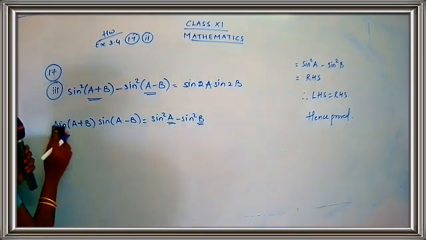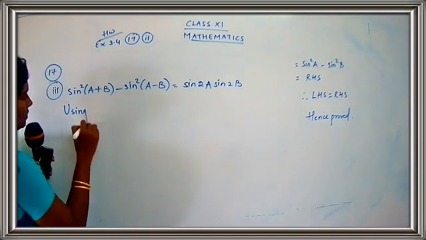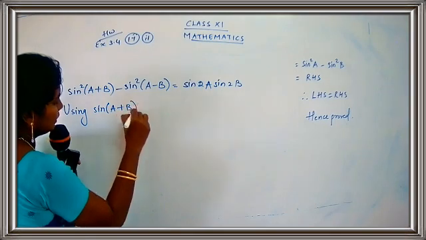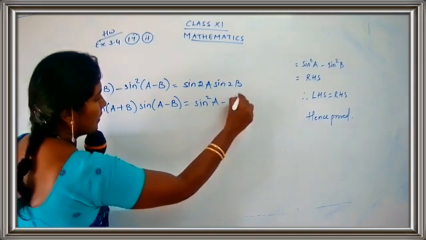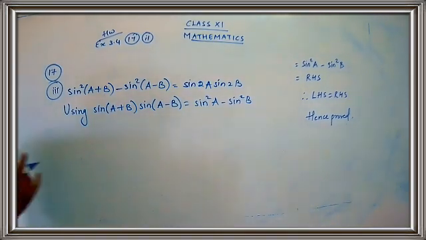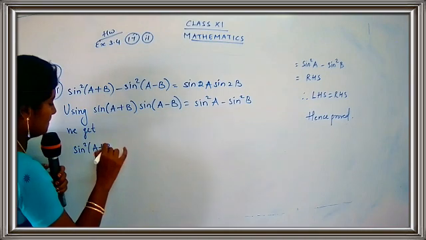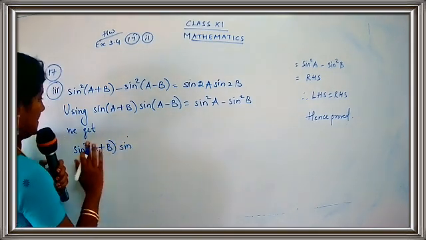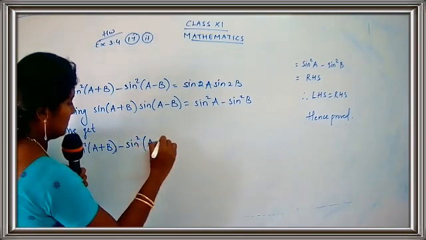Okay, children, let's write down here. So you're going to write down, on using sine of (a plus b) into sine of (a minus b) is equal to sine square a minus sine square b, we get sine square (a plus b) minus sine square (a minus b) is equal to, okay.